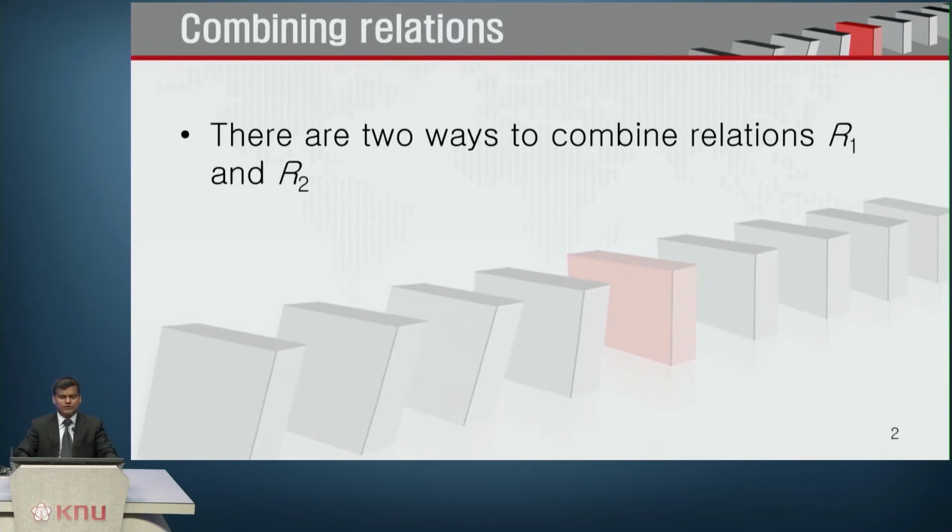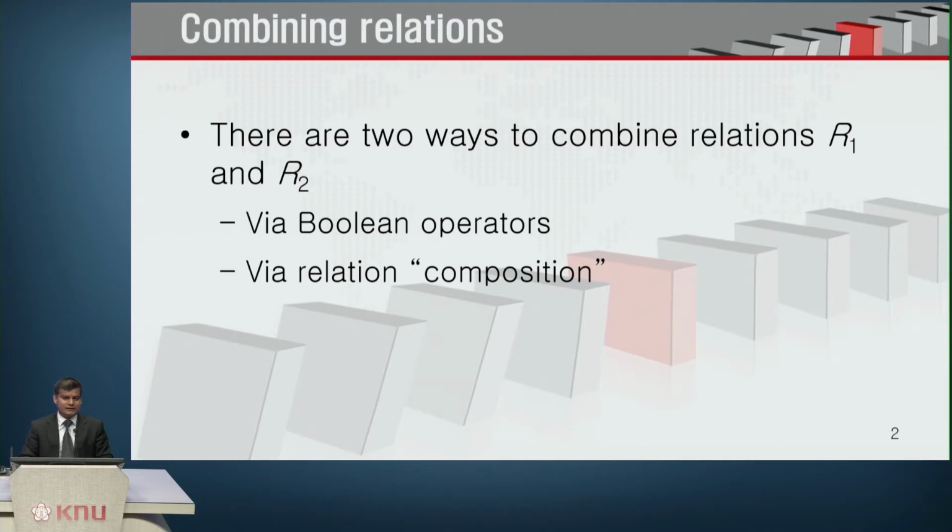There are 2 ways to combine relations R1 and R2. When we have these 2 relations, you can combine them via Boolean operators. Can you recall the Boolean operators? Yes, for example and, or, not. And you can also combine these relations via composition.